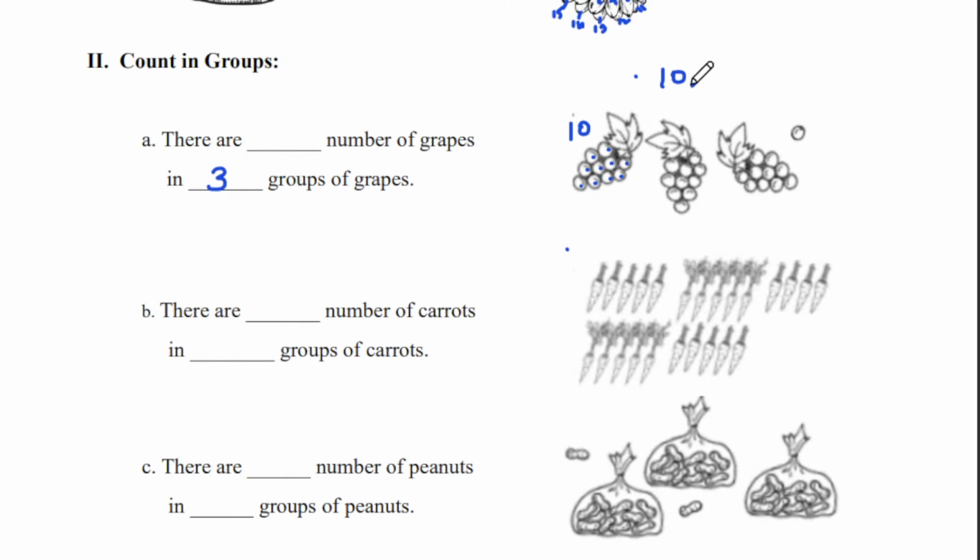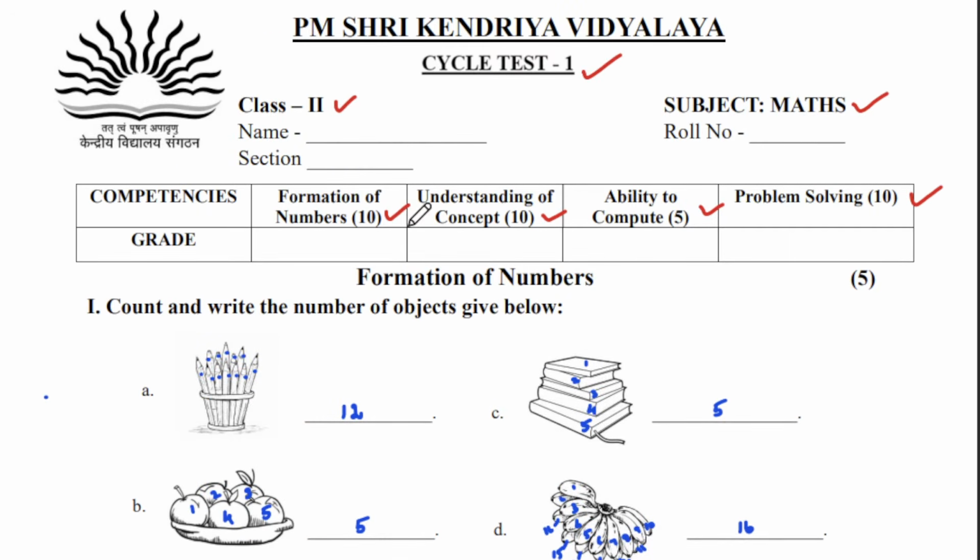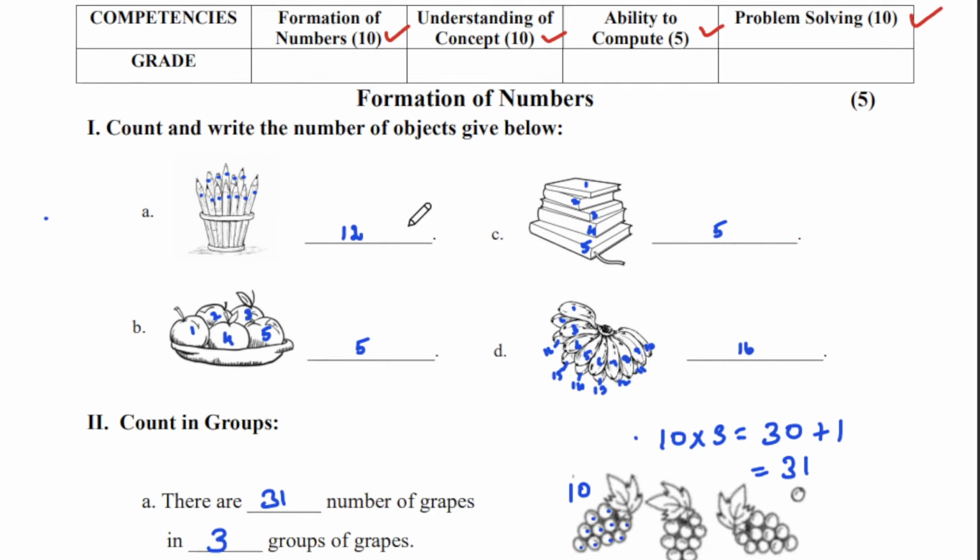So 10 into 3, which is 30. And we have one single grape, which is 30 plus 1, 31. So there are 31 grapes. Okay, 31 grapes.